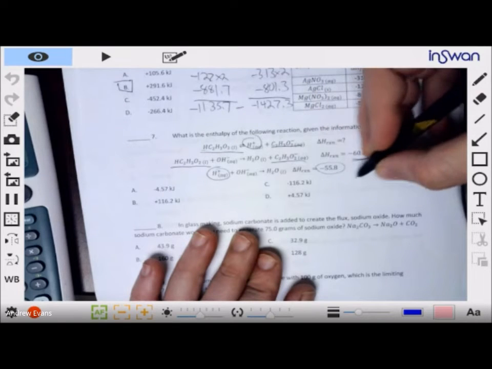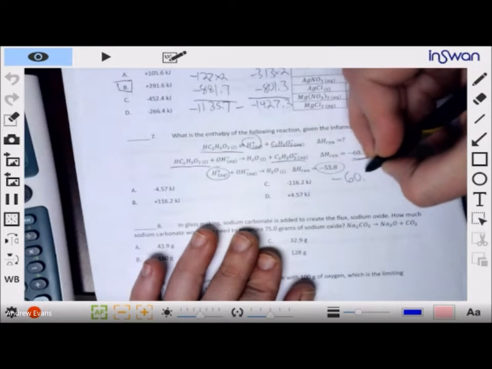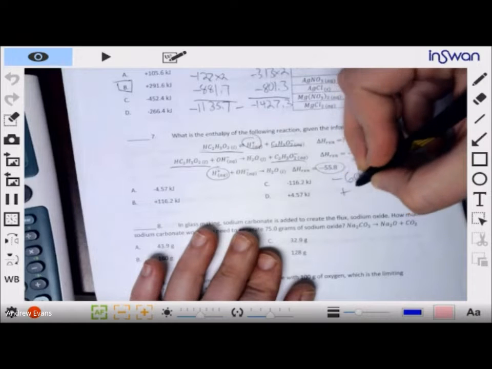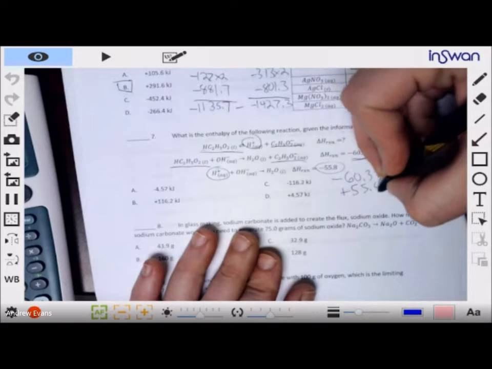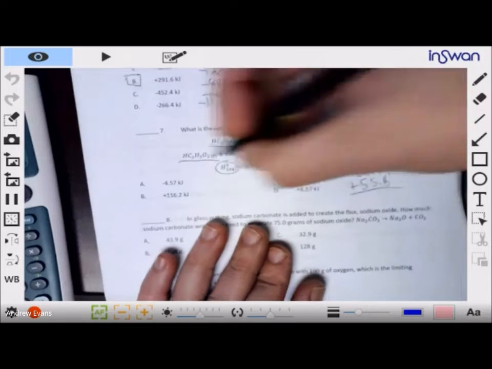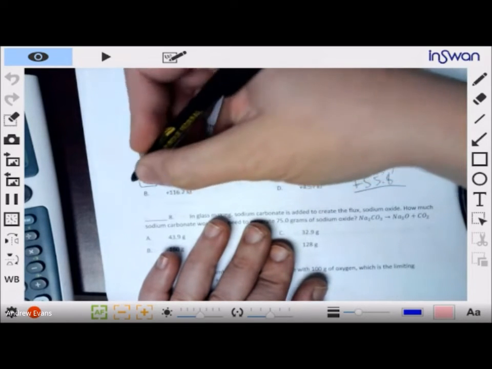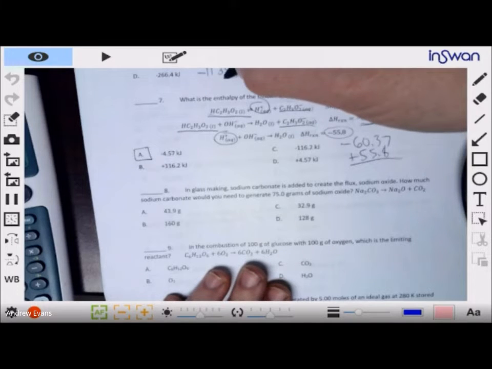So I'll say negative 60.37 plus 55.8, your answer becomes negative 4.57. Negative 4.57. It produces heat, but not a whole lot.